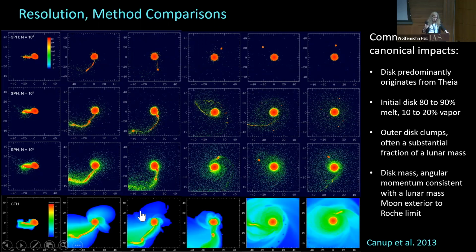Second, the disk is a mixture of melt and vapor, but after these class of impacts, it's predominantly melt, 80–90%. You can see in these different simulations something that's a common outcome, which is large intact clumps outside the Roche limit at the end of the simulations. And those can be tens of percent to even half of the moon's mass or more in some cases. The specific outcomes vary stochastically, which you might expect across different simulations. And the disk mass and angular momentum that you produce in these simulations is consistent with, as the disk evolves, ending up with a lunar mass moon outside the Roche limit and the rest of the disk accreted by the Earth.